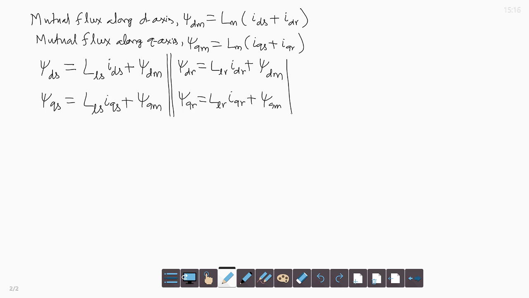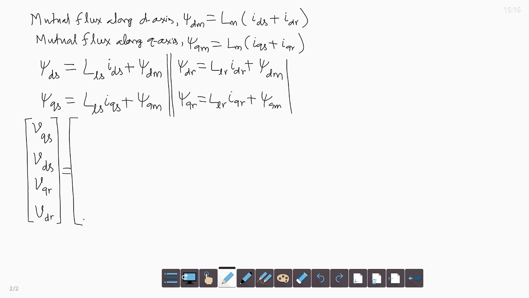So, now using these flux linkage equations in the voltage equations 1, 2, 3, 4, we can represent the voltage current relationship, which is Vqs, Vds, Vqr and Vdr, the voltages across the 4 windings, equal to one matrix into the current vector.